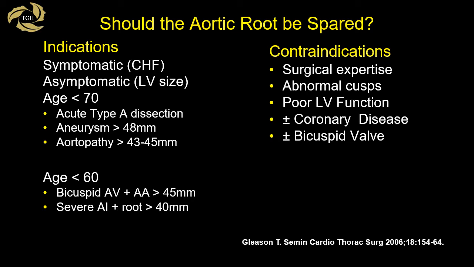Contraindications are listed here and include the obvious problems of lack of surgical expertise and cusp pathology. Other specific patient problems include poor left ventricular function, concurrent coronary artery disease, and bicuspid aortic valve in the older patient group.